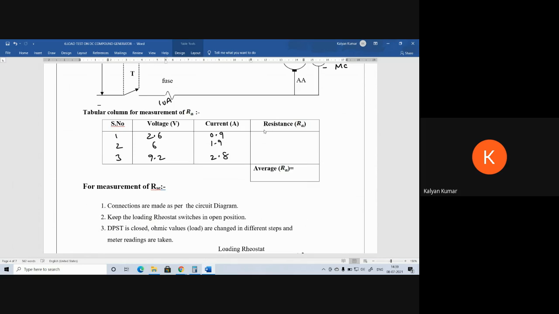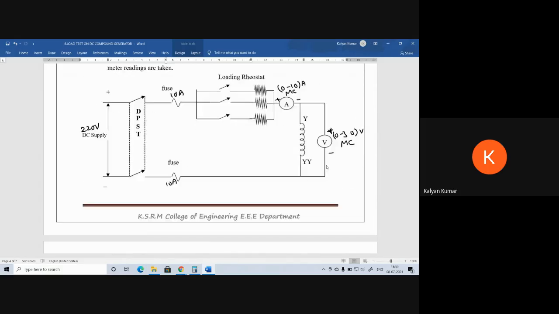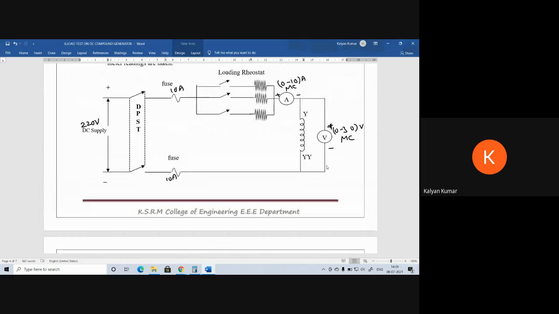This gives the value of RA as 2.88, 3.15, 3.28. Taking an average, we get 3.1 ohms as the RA.